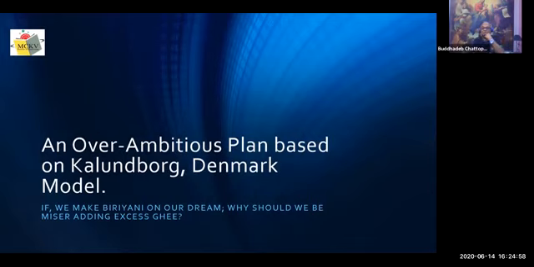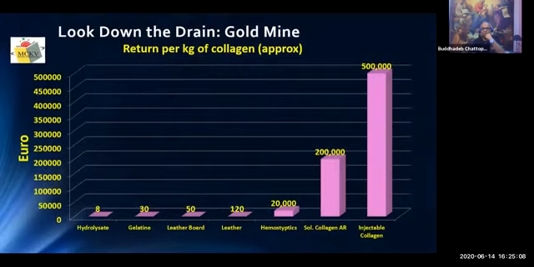So that is a kind of mix and match of how it can be sustainable and yet profitable, how the symbiosis can be restored. Let us look at the hidden potential which is going down the drain or going to the road. In terms of per kg of collagen, mind it, not per kg of leather, but per kg of collagen.